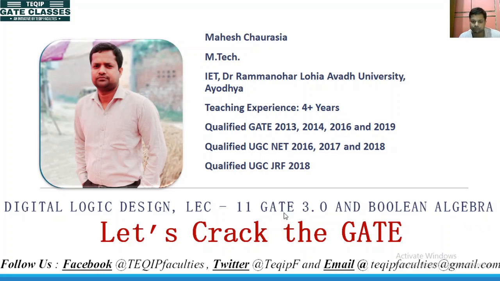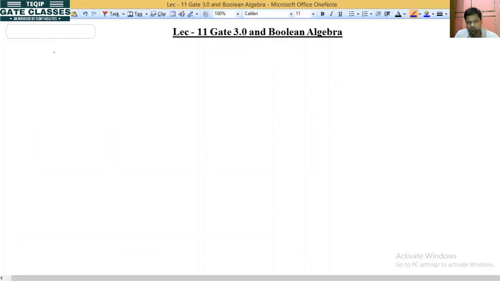So let us start with the XNOR gate. Our topic is the XNOR gate, or you can say XNOR, and the representation is one dot in the circle. So what is an XNOR gate?